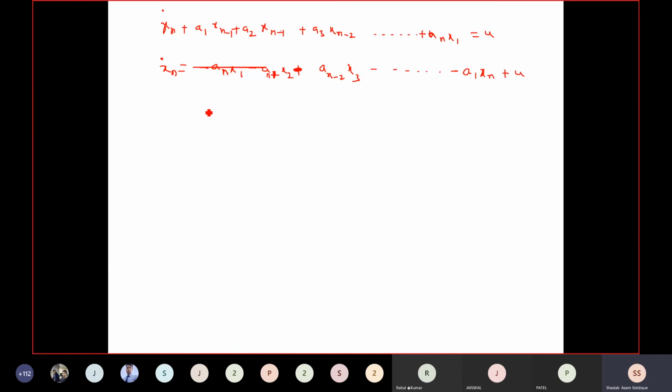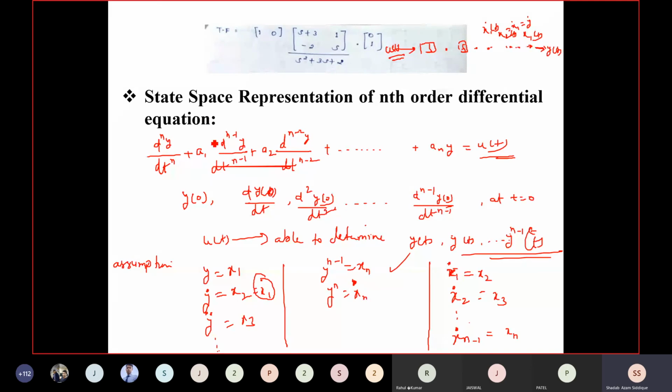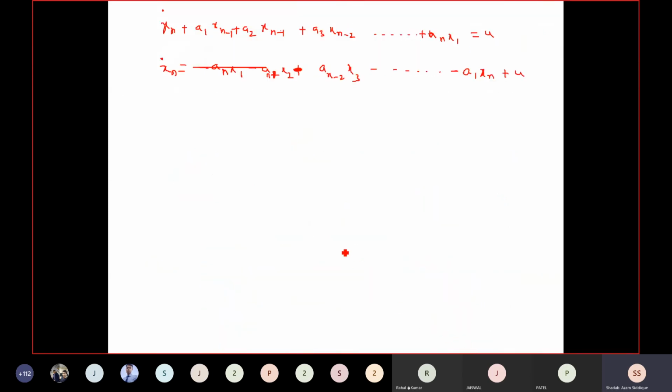Okay, it is correct. So now I'll put it into matrix form, using these equations: x1 dot, x2 dot, x3 dot, up to xn minus 1 dot, and we already have xn dot. I'll substitute all of these in matrix form, and it will be in the form x dot is equal to capital A into x plus b into u.